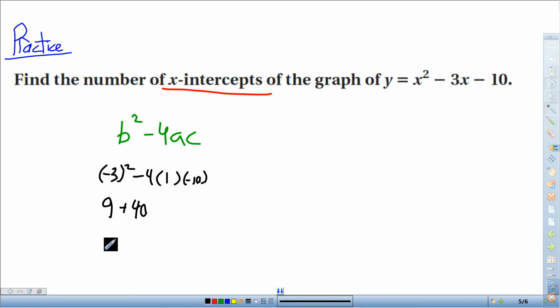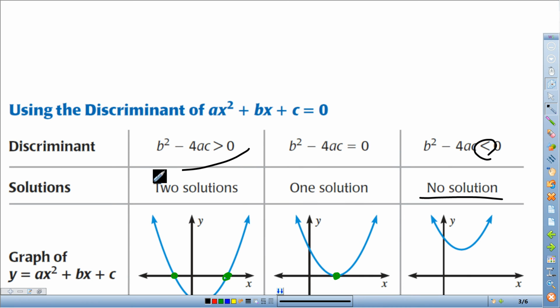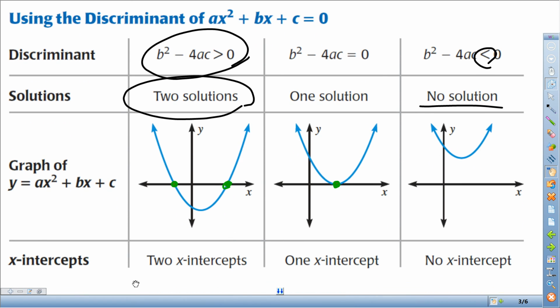So my discriminant is 49. Really, I shouldn't put a box around that because that's not my answer, but there's my discriminant. How many x-intercepts does that mean I have? How many times does my parabola cross the x-axis? Since this is a number greater than 0, that means it has 2 solutions, which means it has 2 x-intercepts.